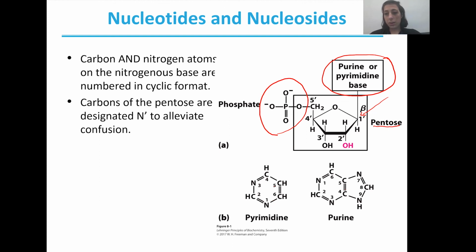And you can see, starting with the glycosidic carbon at number 1, this is 1 prime, 2 prime, 3 prime, 4 prime, and 5 prime. We're only numbering the carbons in our sugar.